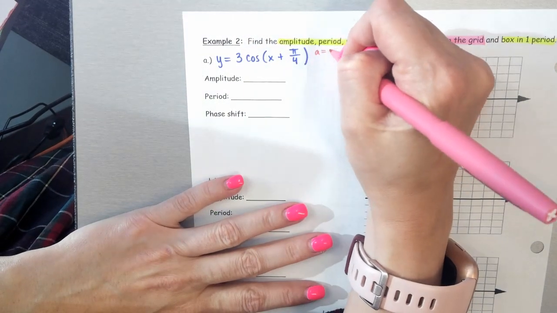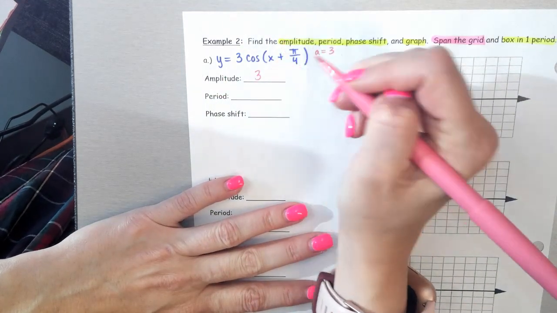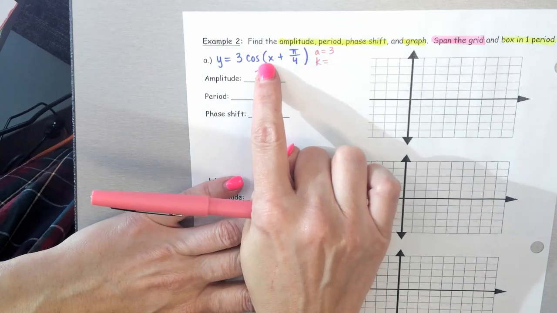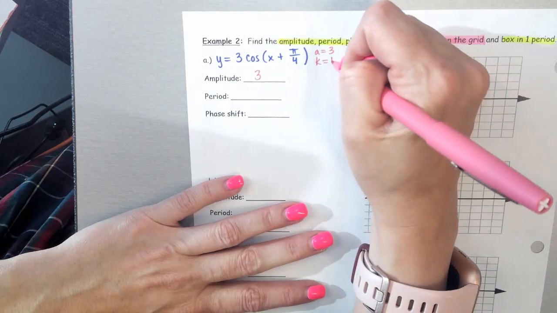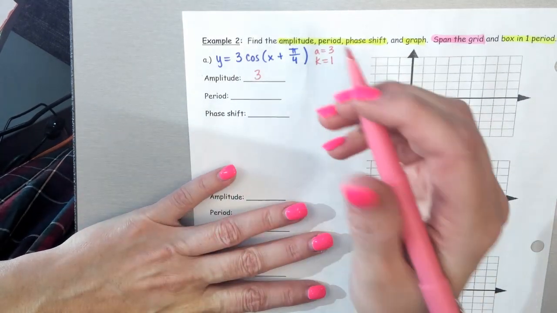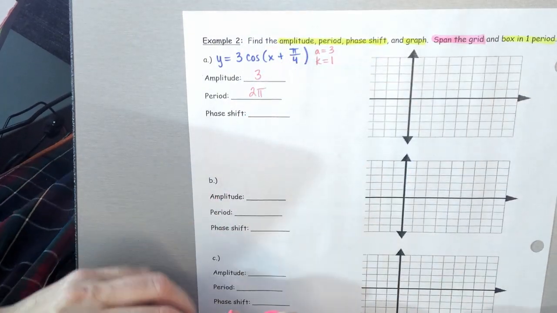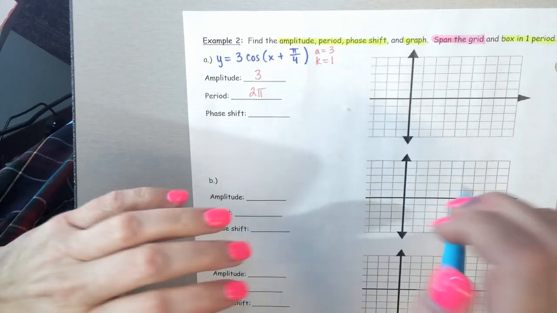The amplitude is always multiplied in front, so it's 3. Okay, your k value is in front of your x, and in this case, it's going to be 1. Okay, you can also think of it as in front of your parentheses now. So if your k value is 1, what does your period have to be? 2 pi.